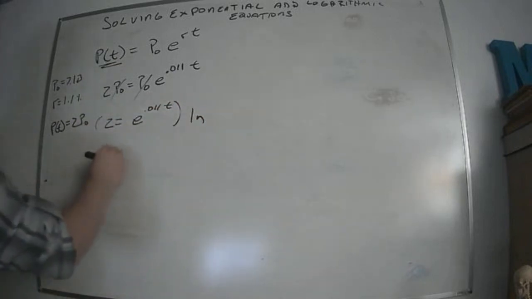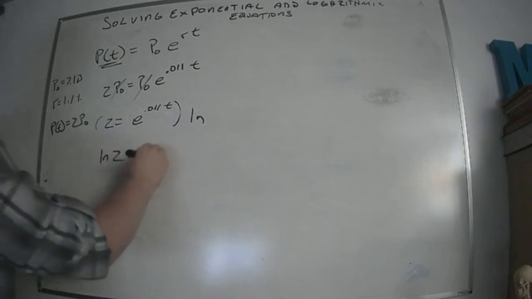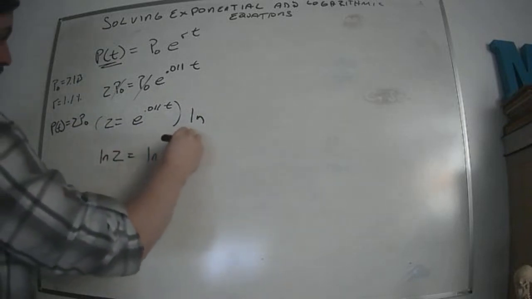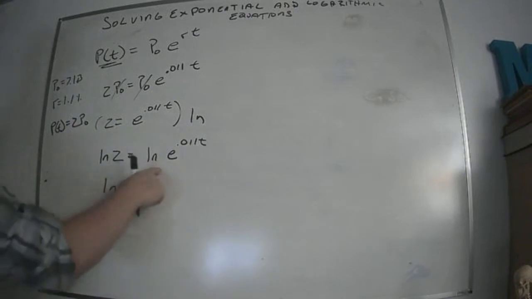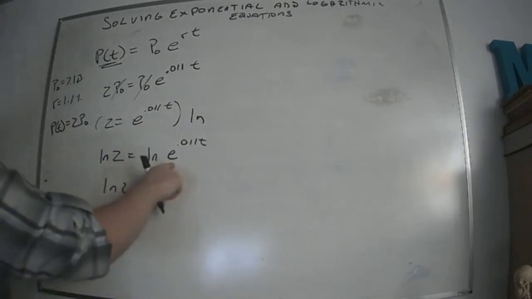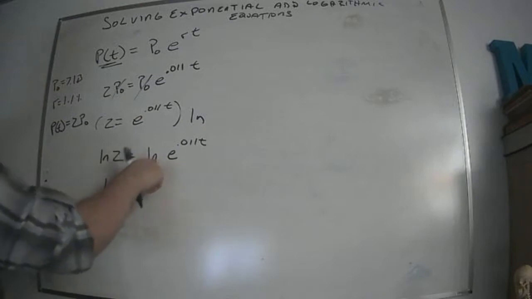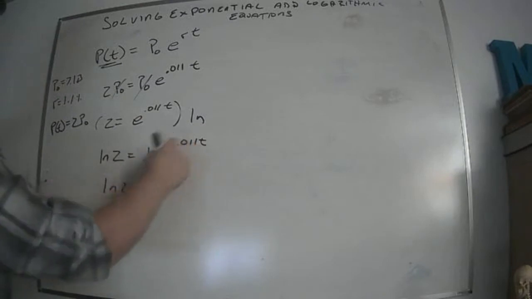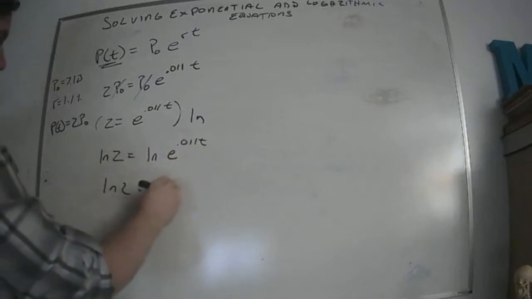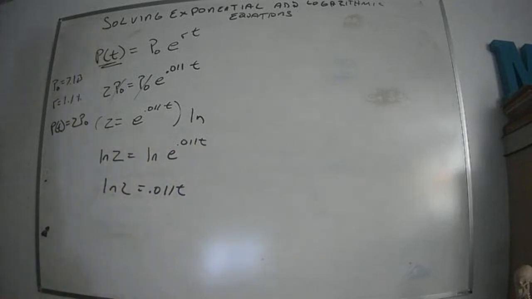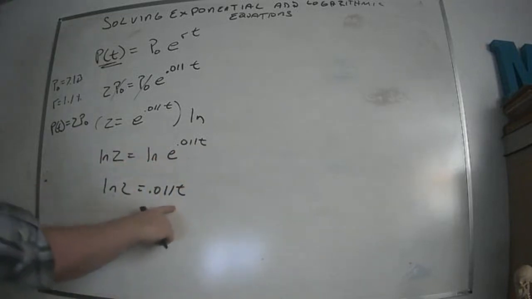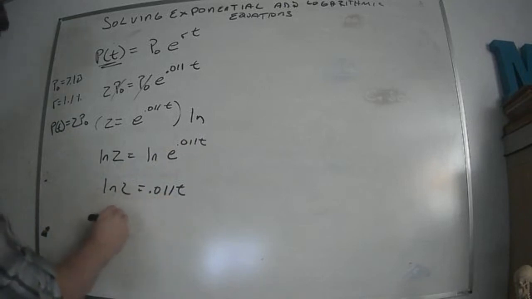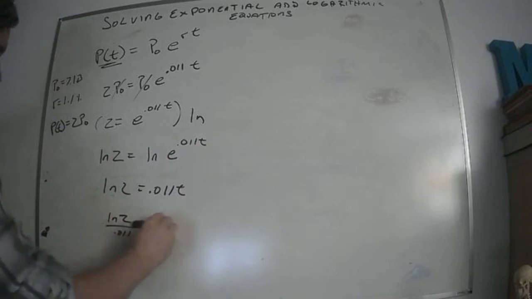We end up with ln 2 equals ln of e to the 0.011t. Use the properties of this being reciprocal. That is to say, the natural logarithm of e to any power is the power. So the natural logarithm is what cancels the e. And then we just solve for t here. We end up with the natural logarithm of 2 divided by 0.011 equals t.